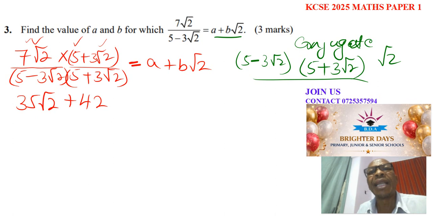Now we go to the denominator. 5 times 5 gives you 25.